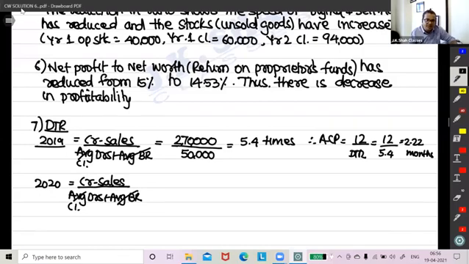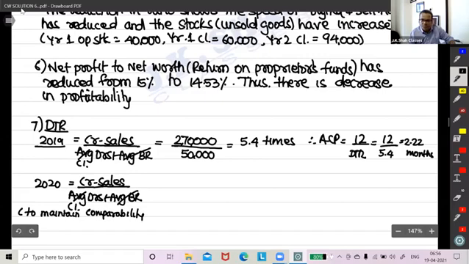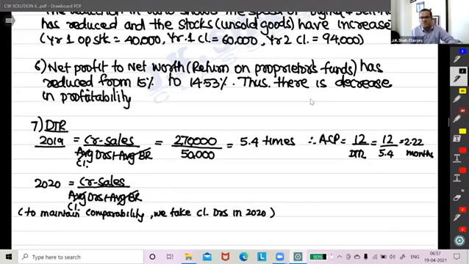To maintain comparability. We take what? Closing debtors in 2020. Yes, ensure comparability. Good morning, Shrija.